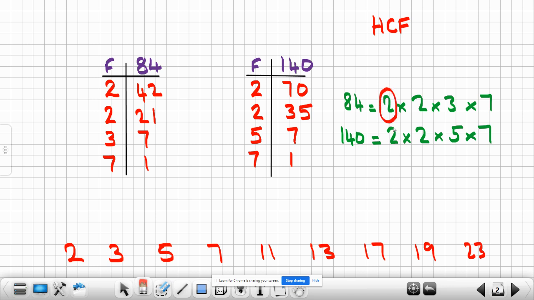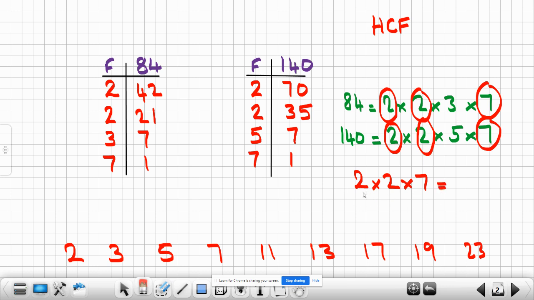We've got a 2 here and a 2 here. We've got a 2 here and a 2 here. We've got a 3, but no 3 in 140's factors, so no 3s. And then we've got a 7, which is shared with 140. So they have that in common. And then 140 has a factor of 5, but 84 doesn't. So we are done.